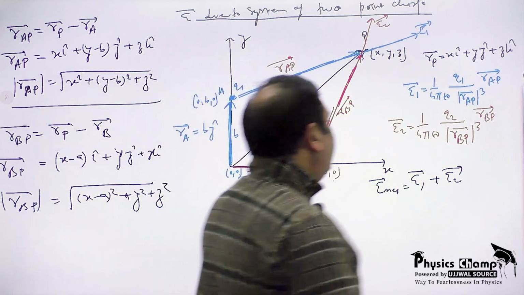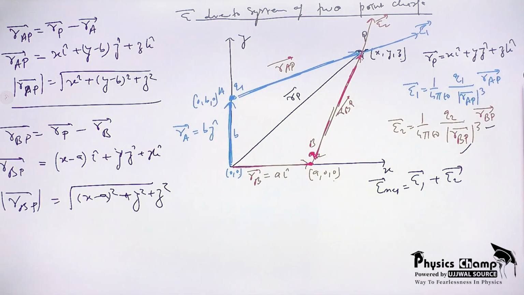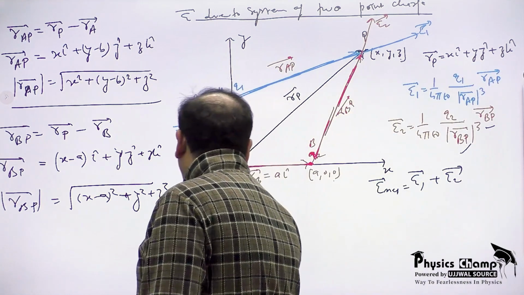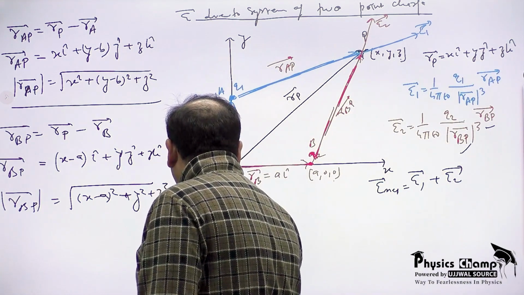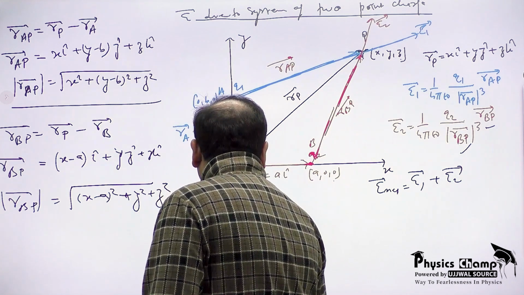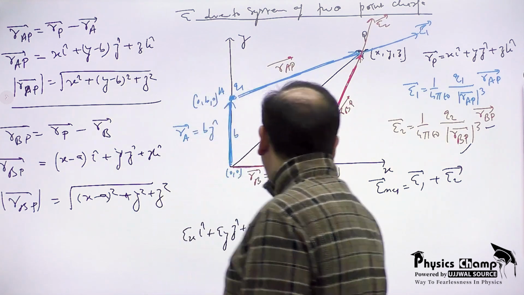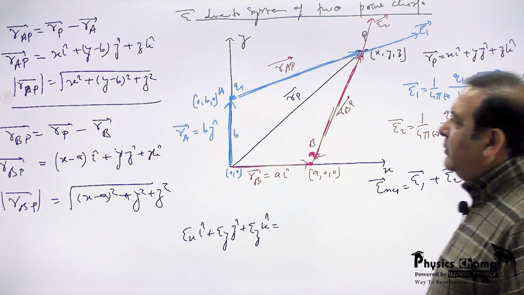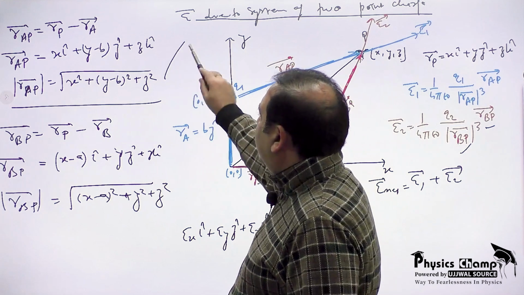So here we know how to write. And now if I am looking for the net vector, I can also call it Exi plus Eyj plus Ezk, is equal to, we put the value of E1 and E2 here, what we have obtained.